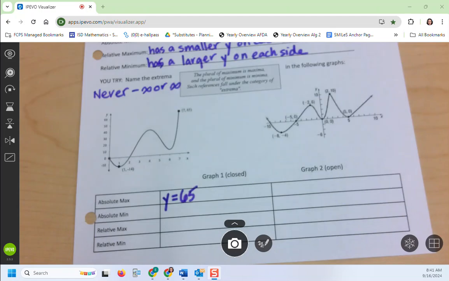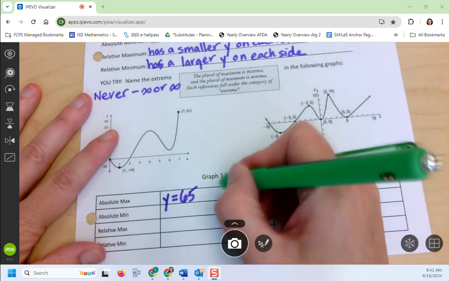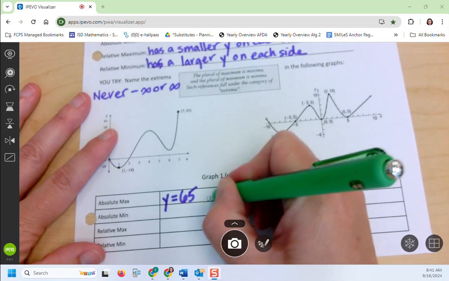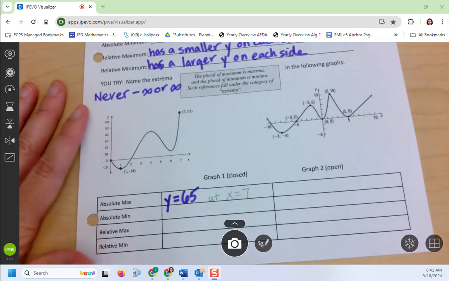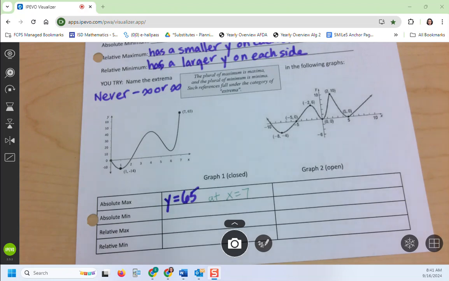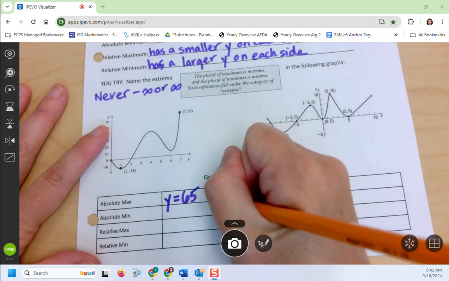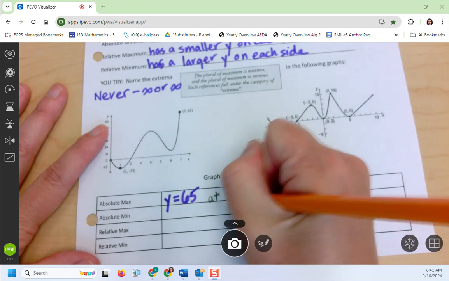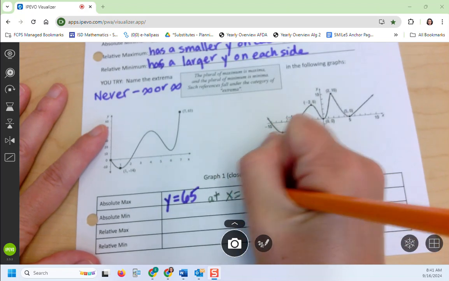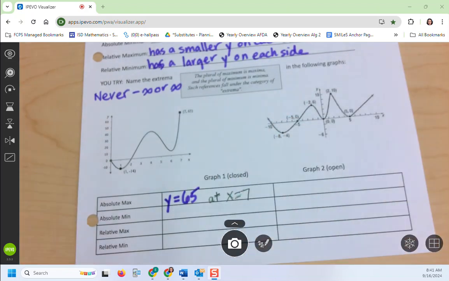So sometimes you're done. However, sometimes they're going to ask you to tell the location at x equals 7. Okay? Oh, that's really hard to see. But I did want to write it differently because I want you to know that sometimes they just want 65, and then sometimes they want you to tell them where it is located. So it's at x equals 7.